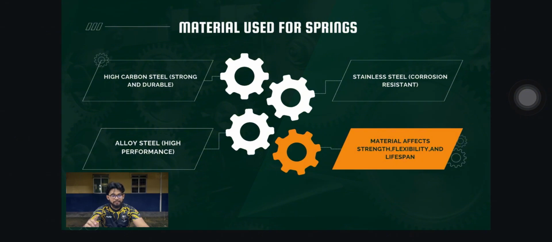Lastly is alloy steel, which is very common in making springs, a high performance material. These materials affect the strength of the springs, the flexibility of the springs, and the lifespan of the spring.